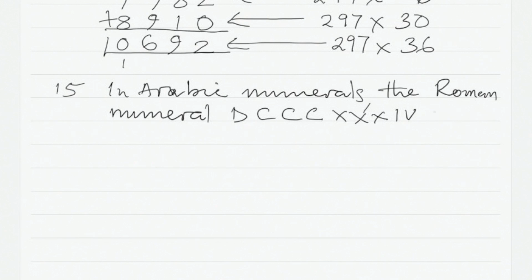We can make a table like this one. Maybe it would help us remember that. This table gives us the symbols that were used by the Romans and what they represented in Arabic numerals. So, Arabic numerals and Roman numerals.